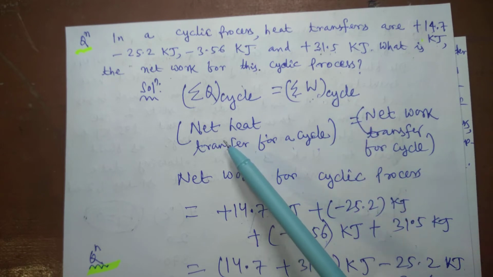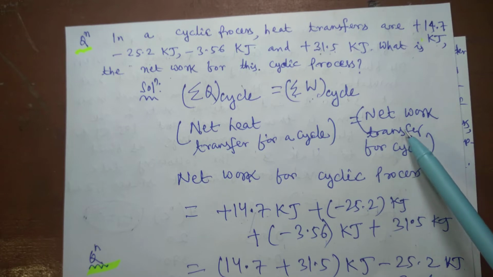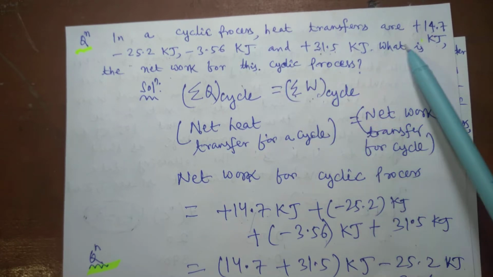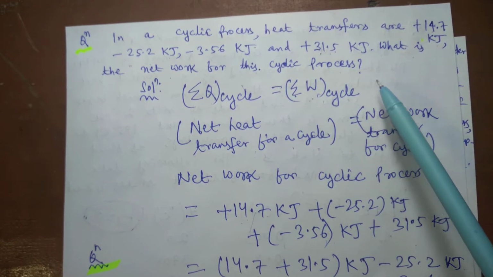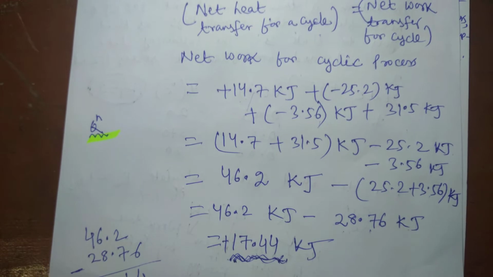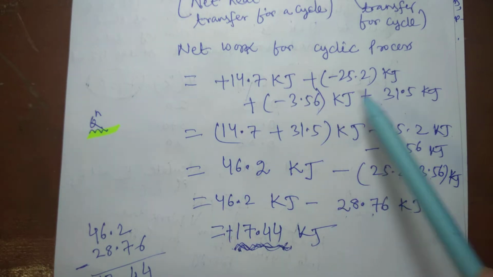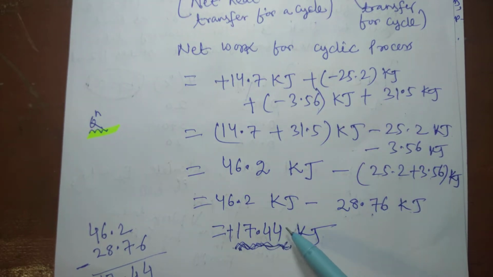In other words, net heat transfer for a cycle is equal to net work transfer. Heat interactions are given, and we have to find the net work. So if we find the net heat interaction, which is the summation of all those heat interactions, it results in 17.44. That will be the net work transfer for this cyclic process.